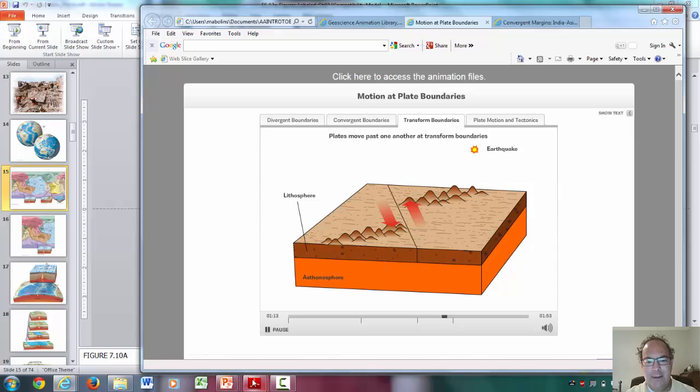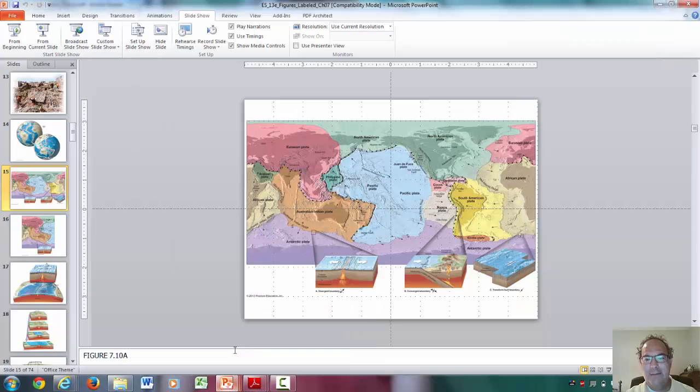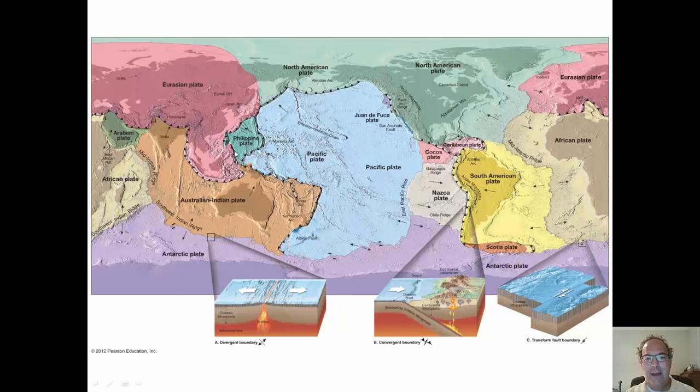And with that, I am done telling you about the three different kinds of plate boundaries and answering a whole lot of the study questions to boot. Divergent, convergent, transform, three kinds of plate boundaries, three major categories, and then the convergent plate boundaries, there are those three subtypes.